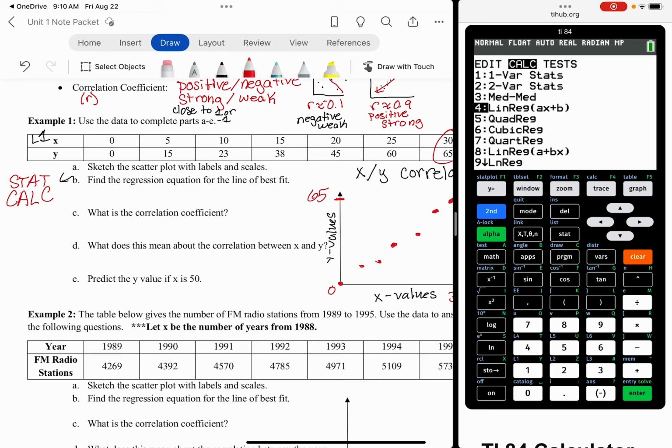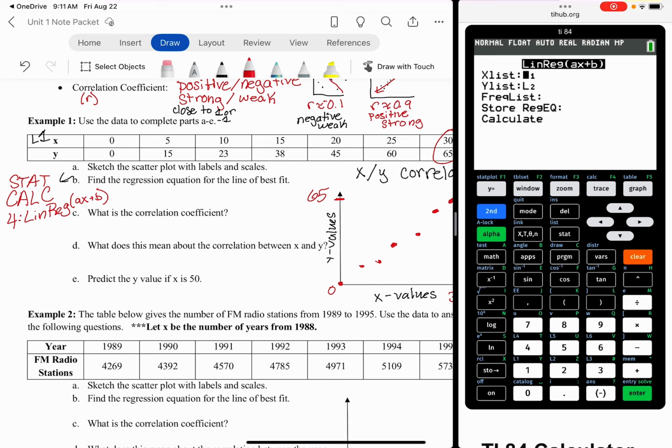They just write their equation slightly different in each one. So this one, we're going to go with number 4, LinReg, so that means linear regression, ax plus b. So we can hit number 4, or you can go down there to hit edit.